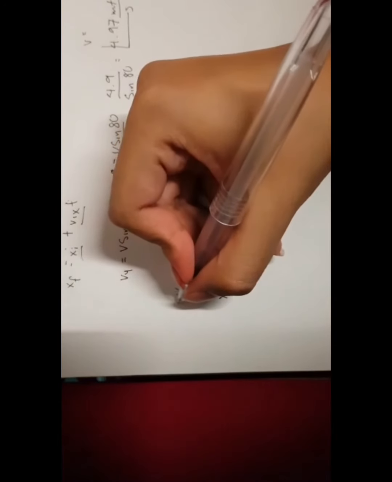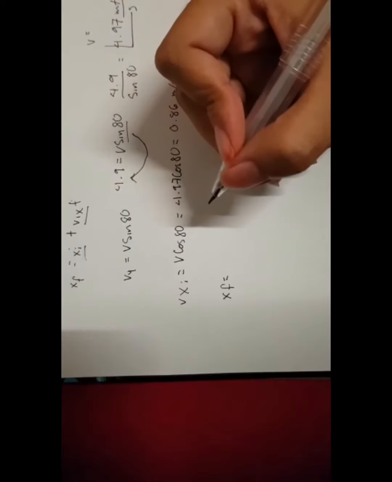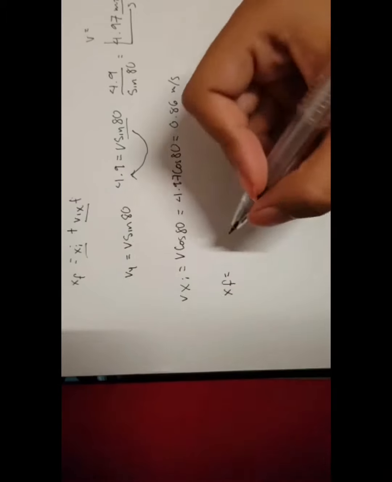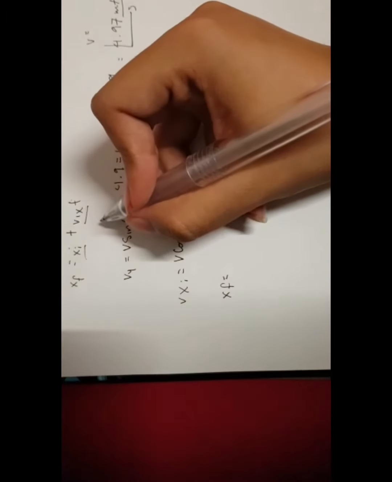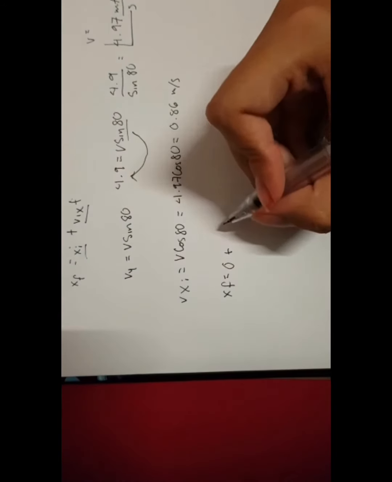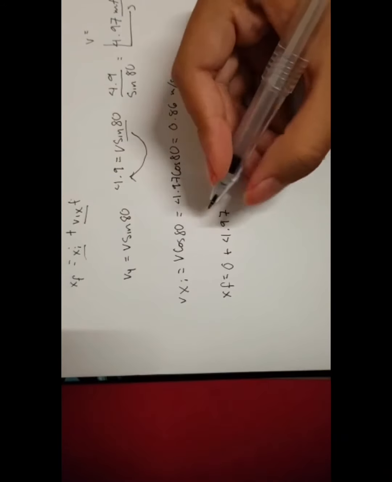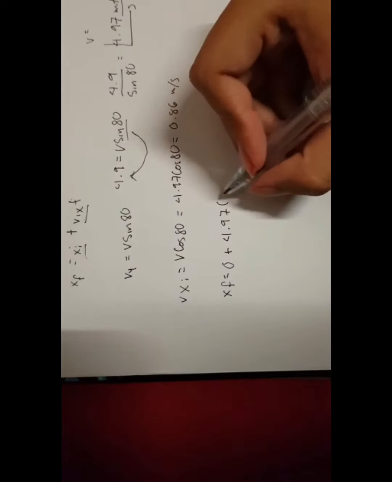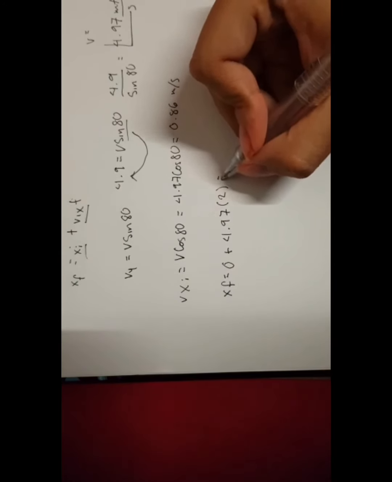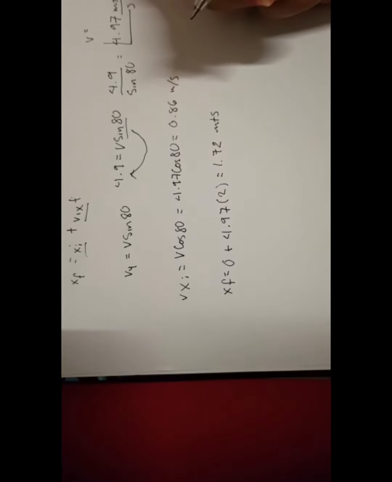Sorry, my mistake, this is the velocity initial on x. So the formula of final of x, substituting, would be 0 plus the value we just got, which is 4.97, multiplying the time, which will be 2 seconds, and the value of that is 1.72 meters. And that's it.